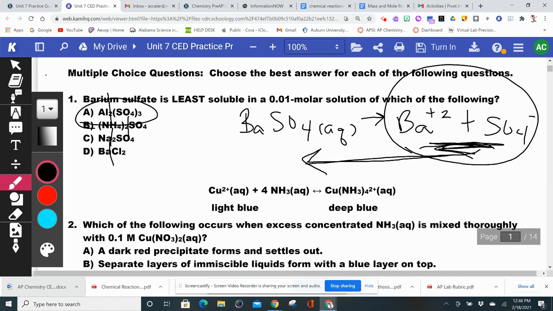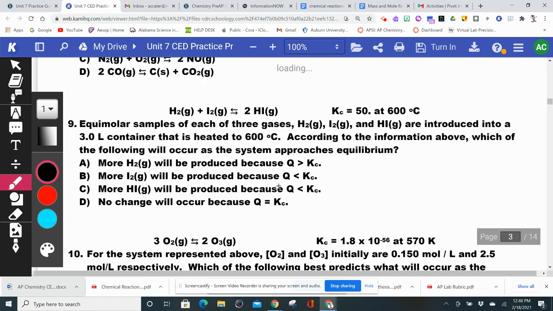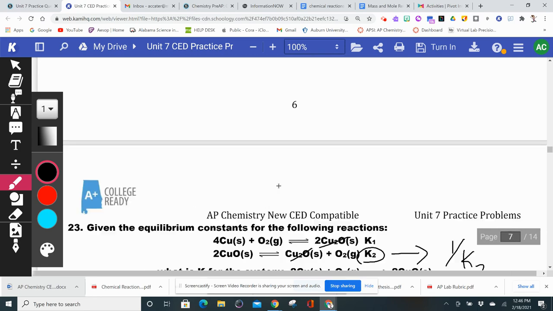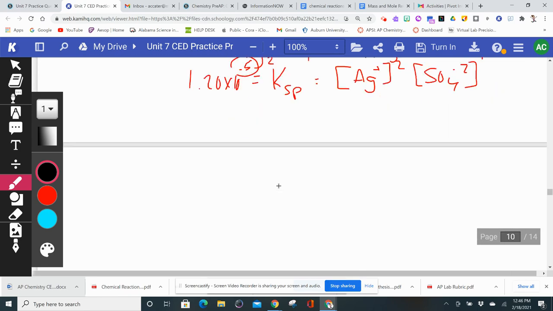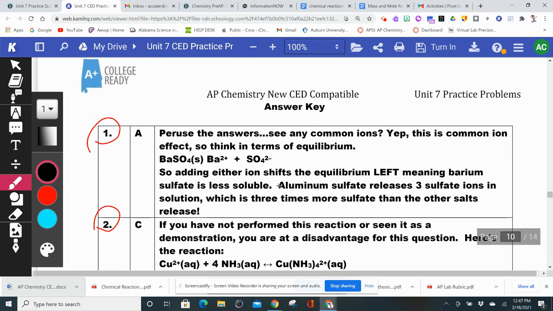So let's see if the correct answer is A. That would have been my choice as well. Yes, it is A. Because if you add anything to this right side, it's going to cause the reaction to go back to the left, which means making more barium sulfate, which would make it less soluble.